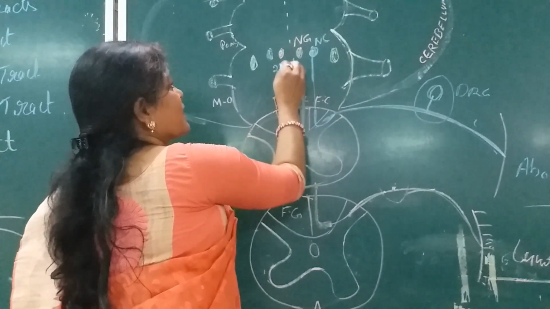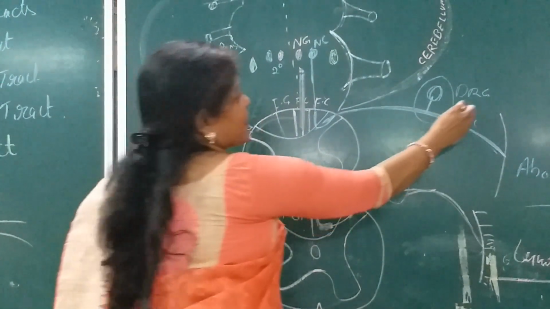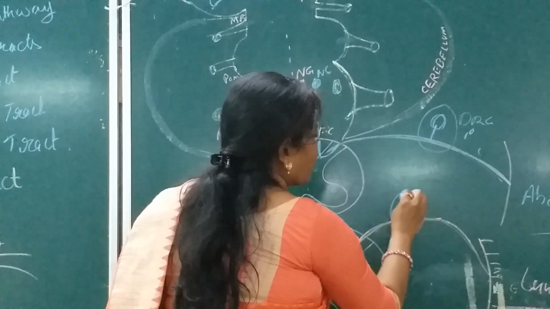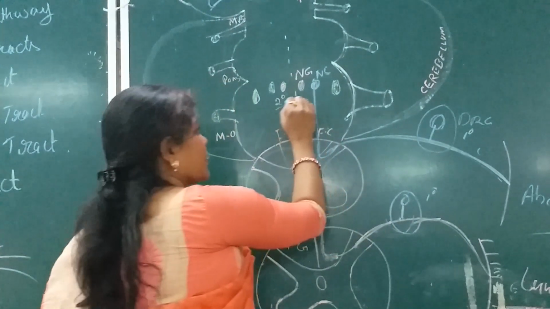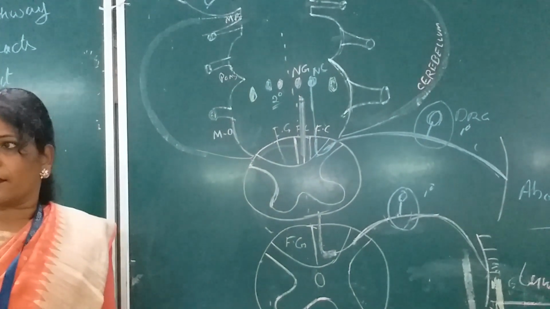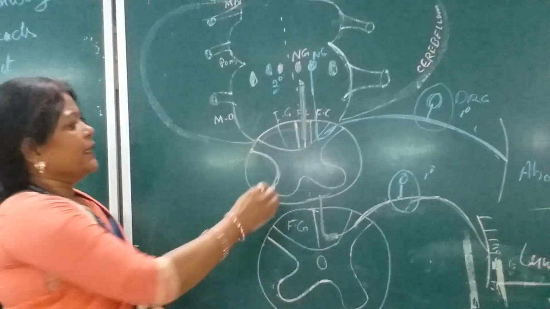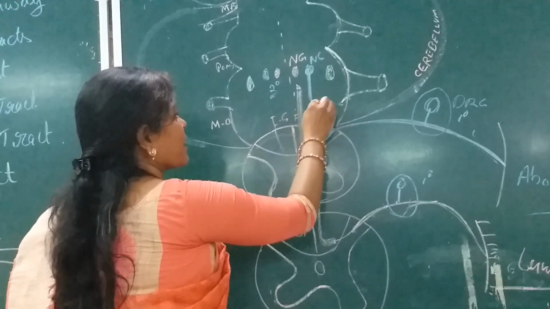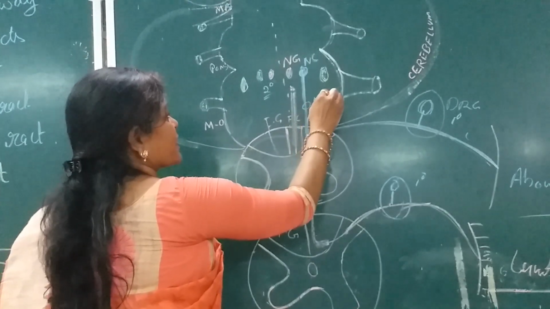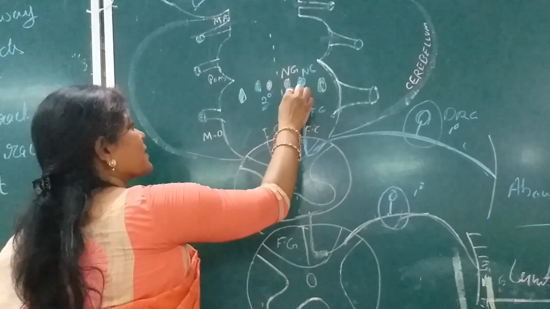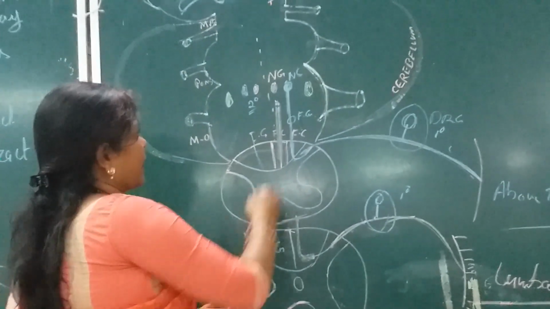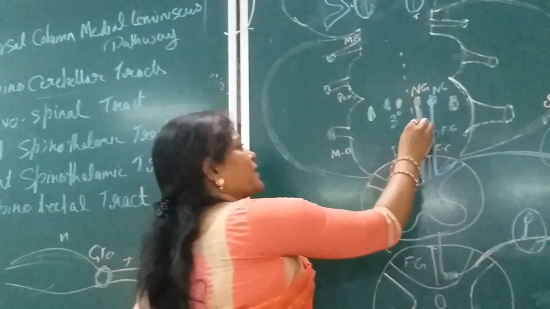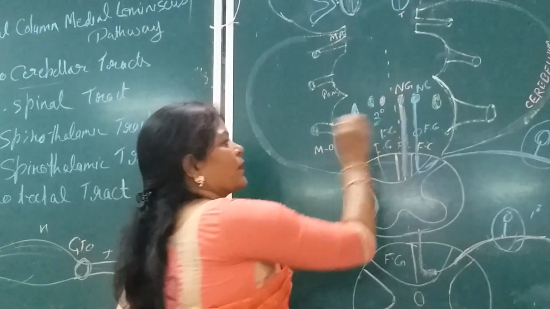So this is the second order neuron, and these are the first order neurons. This blue tract is the fasciculus cuneatus, and this pink tract is the fasciculus gracilis.